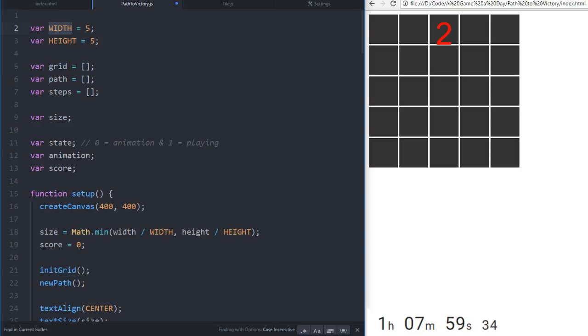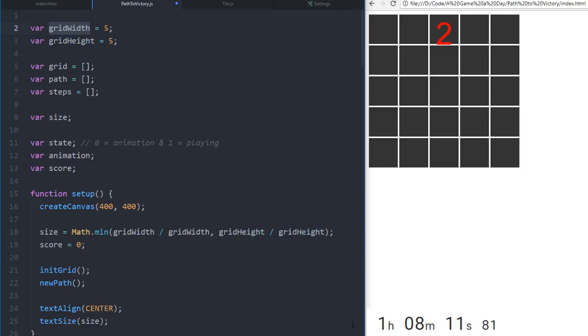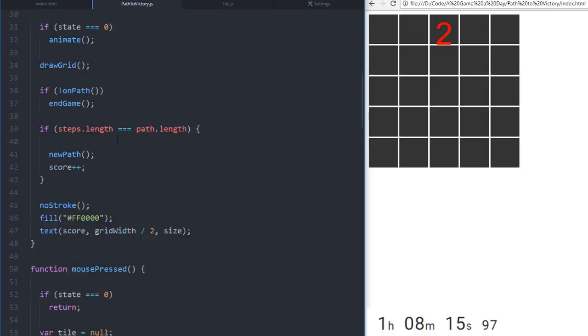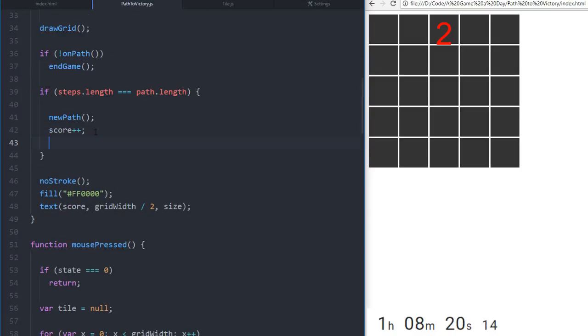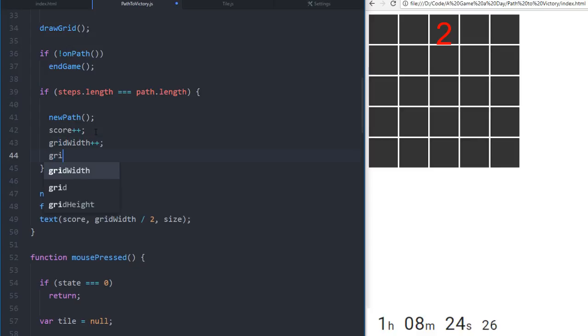Okay, actually width needs to be grid width. Height needs to be grid height. Replace all. So I'm really liking this game right now. So then we say grid width plus plus, grid height plus plus.